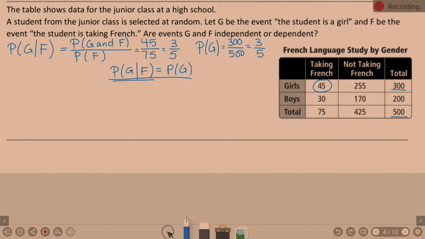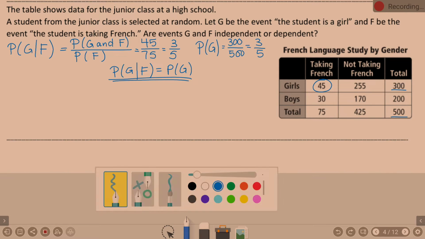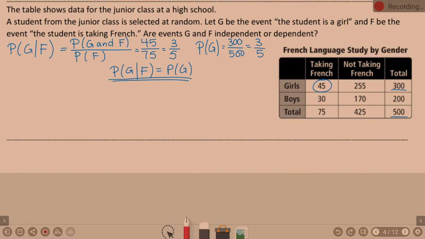We've got to make sure it works the other way too. So now I'm going to check the probability a student is in French, given they are a girl. Okay, so check both ways.